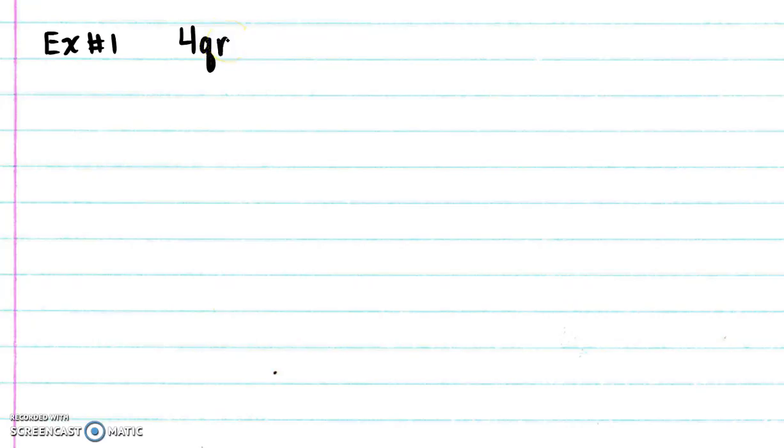Okay, 4QR plus 8R plus 3Q plus 6. First thing I want to tell you is the very first thing you want to do when the directions say factor completely is see if there's a greatest common factor, a number or variable that can divide into the entire polynomial. This one does not have one thing that can be divided into everything.